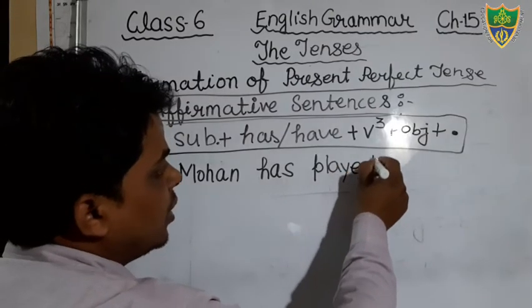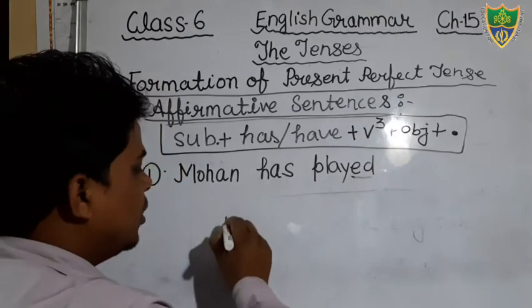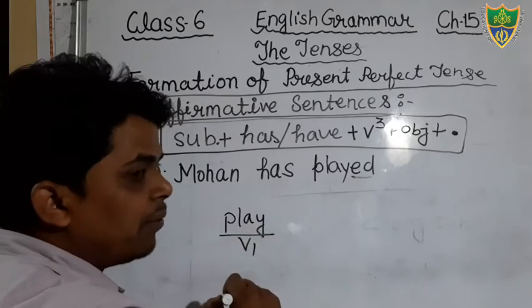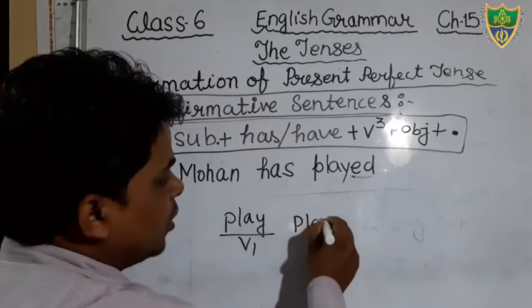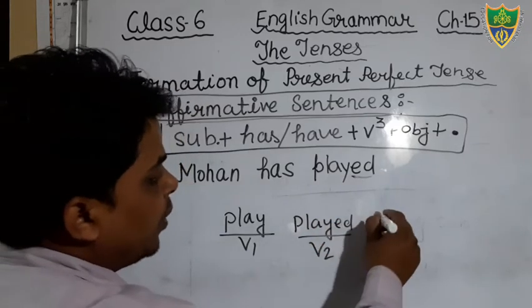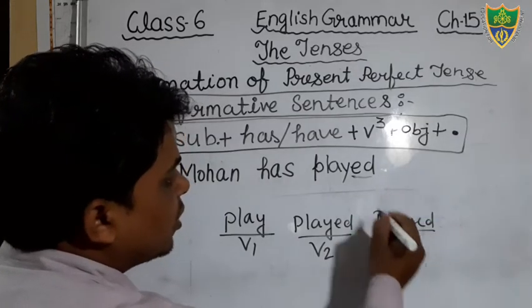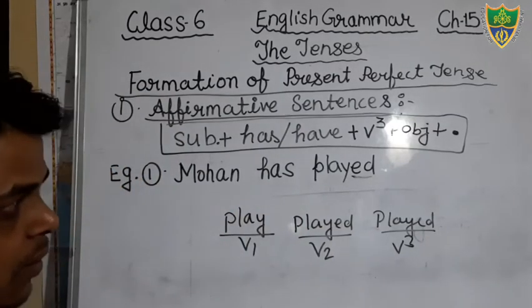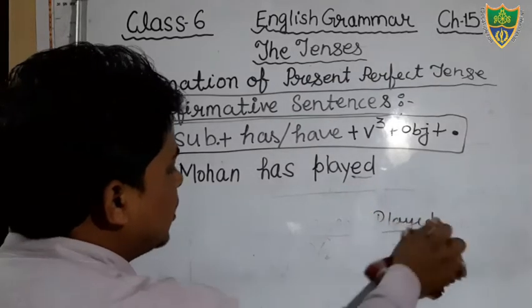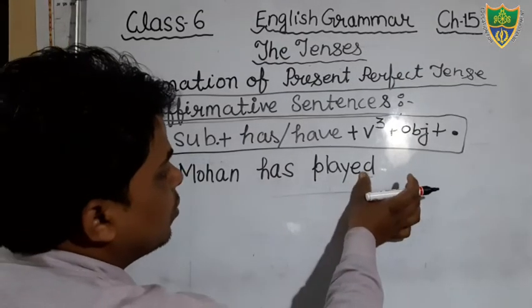You will add ed here. That is your third form of the verb. Play is the main form of the verb, that is the first form, or you can say the root form of the verb, and played is the second form, or you can say the past form of the verb, and played is the third form of the verb, or you can say the past participle form of the verb. Okay students, so keep in your mind, you have to use the third form of the verb. So just see, Mohan has played cricket.